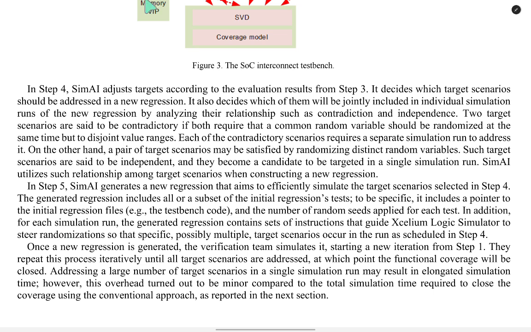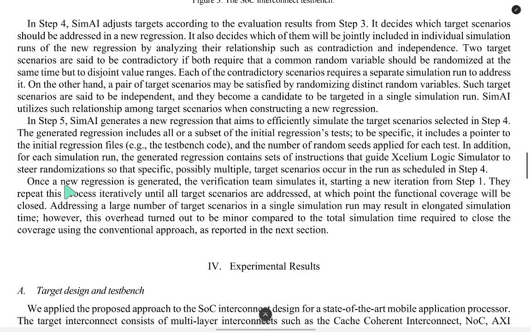Once a new regression is generated, the verification team simulates it, starting a new iteration from step 1. Then the process repeats iteratively until all target scenarios are addressed, at which point the functional coverage will be closed.